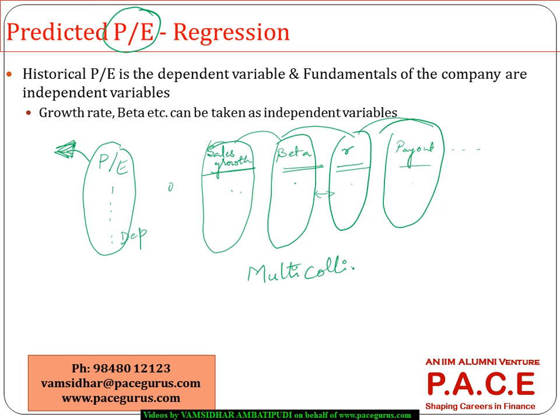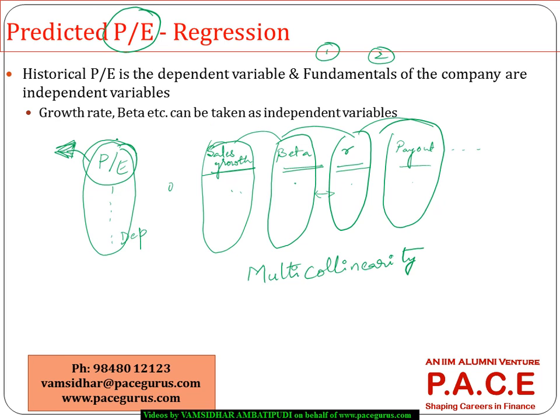So to address this, we do a factor analysis or principal component analysis, and based on that try to come out with the predicted P by E. Such a process needs to be followed, because the independent variables in reality are not really independent. That is one major drawback of this mechanism.